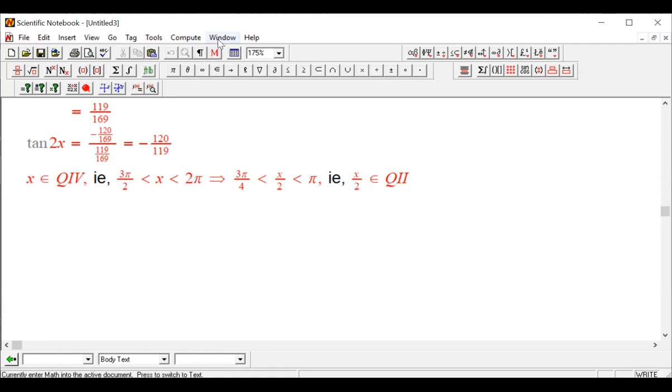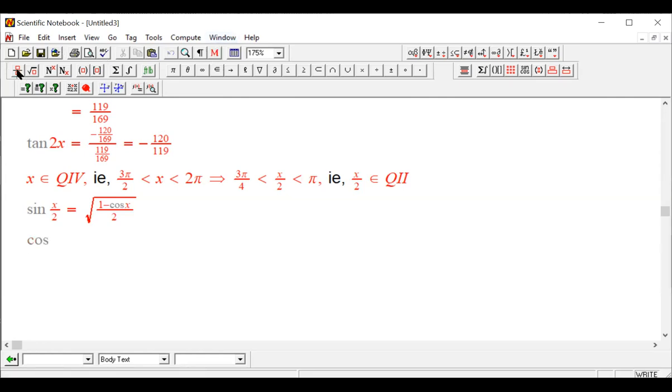Now we have sine of half angle equals plus or minus the square root of (1 minus cosine x) over 2. We have to choose which sign it is. Since x over 2 is in quadrant 2, therefore this is positive. How about cosine?